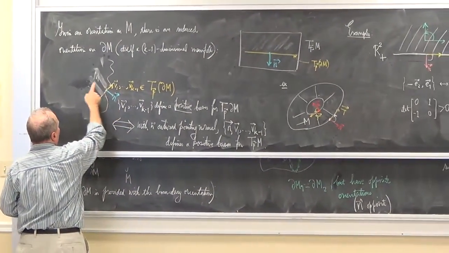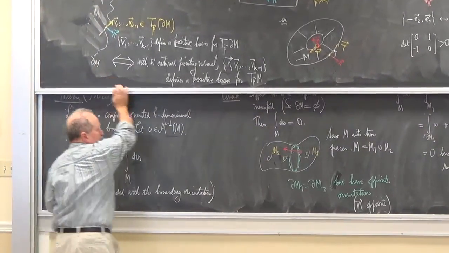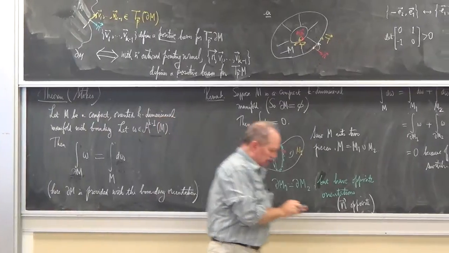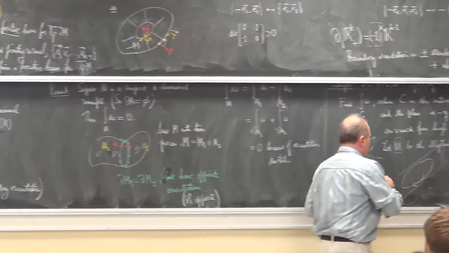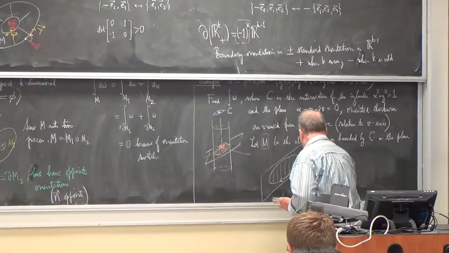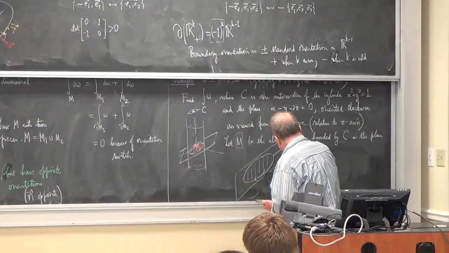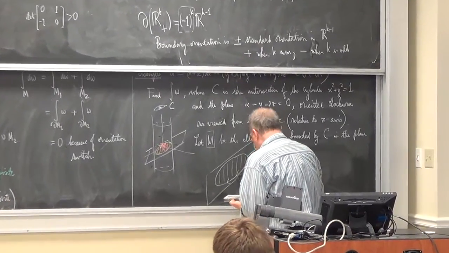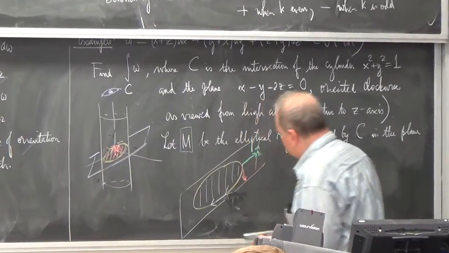It has to point out of M perpendicular to the boundary. So I have no choice but to put the outward normal to this curve pointing, I'm going to put this at a different point so it's clearer, I'm going to put the outward normal there, and that's how we've oriented that.